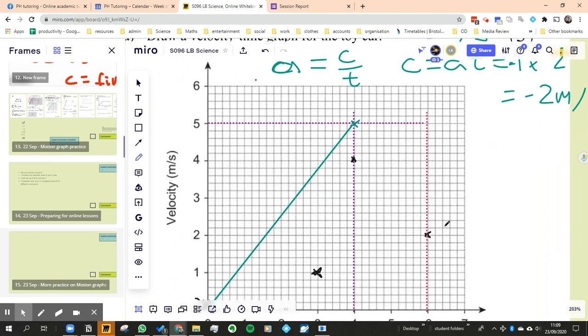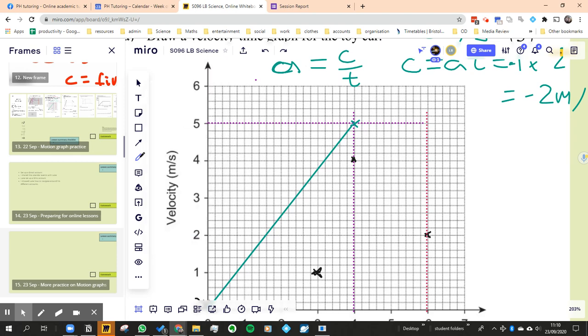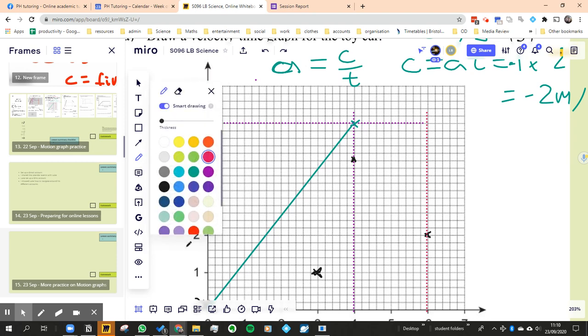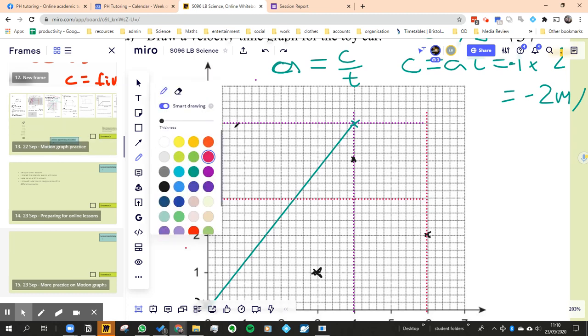So let's zoom in on this graph. Let's draw another dotted line so I can get it right, because I think that's 3, but I'm not sure if it's that one. I think it's that one, but just to be sure, we're going to draw a line with smart drawing, picking a pink color. Yeah, I think it's that one.